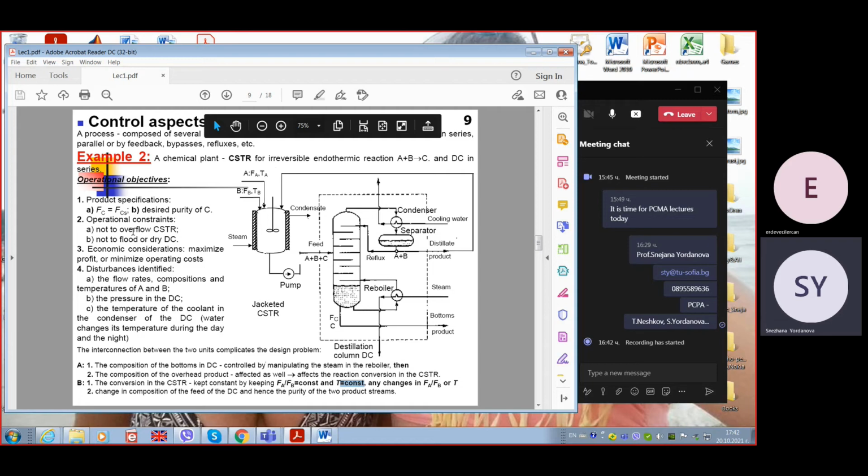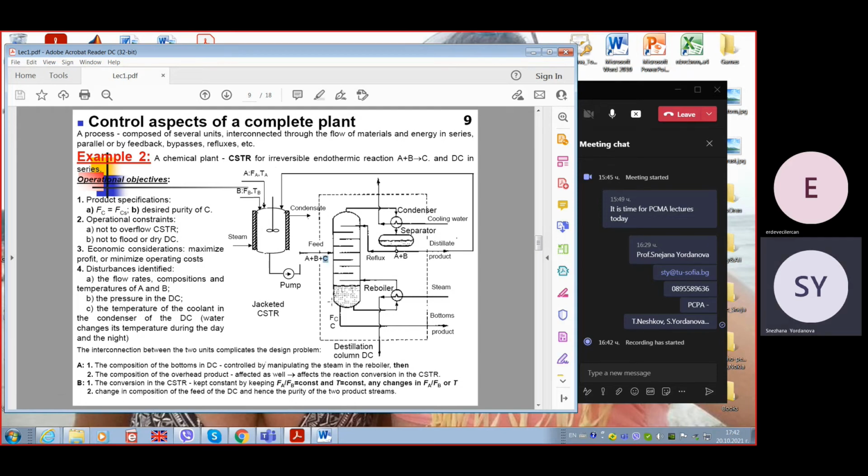So the two objectives: to keep constant ratio, to have less A and B in the final product, which is the mixture of the result of the reaction C and initial reagents which could not react because the ratio is violated.